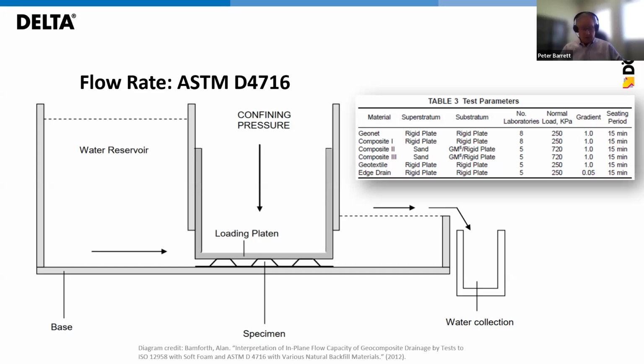In other words, we can make this a lab test, or it can be made to represent your actual site conditions so that you could see how it actually might perform in situ on your project.